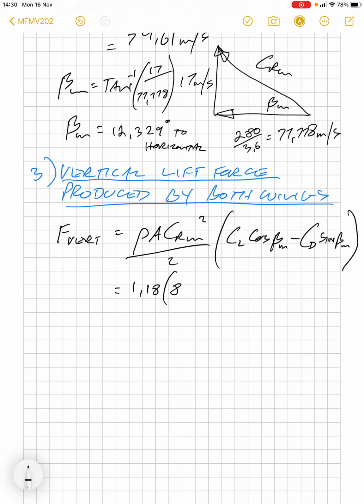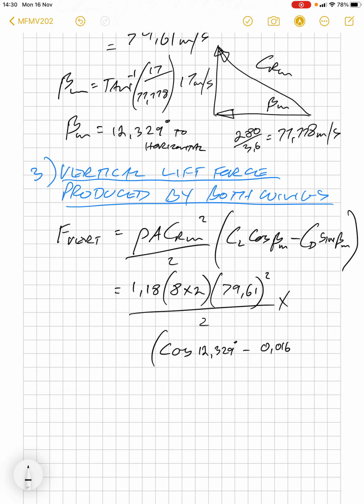1.18 times 8 times 2, because that is 2 wings, and 79.61 squared. We divide it all by 2, and then multiply that by cos of 12.329 degrees minus 0.016 sine 12.329 degrees.